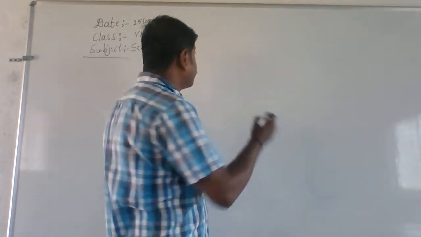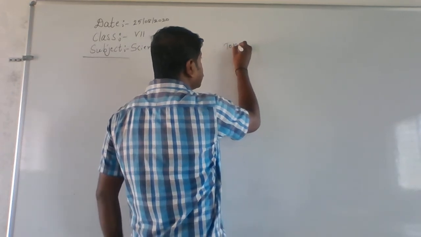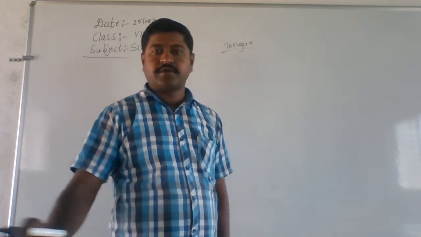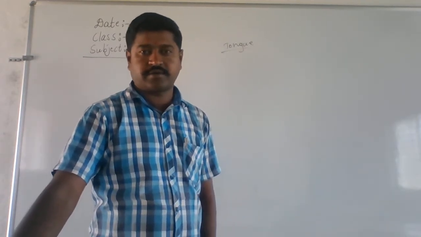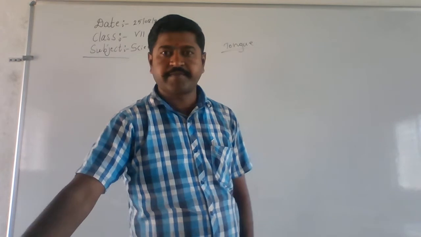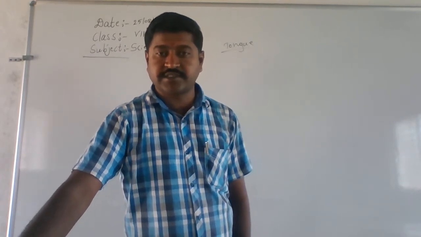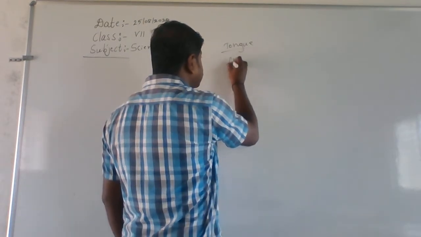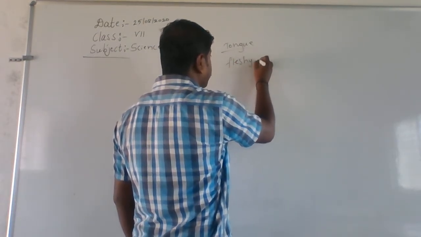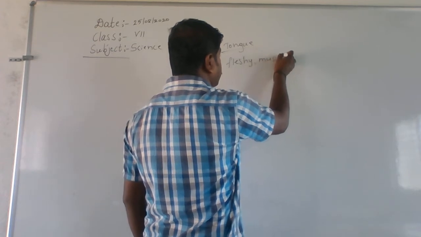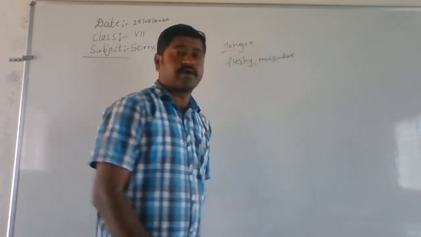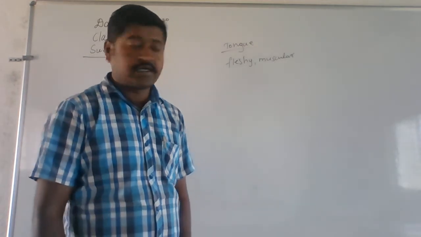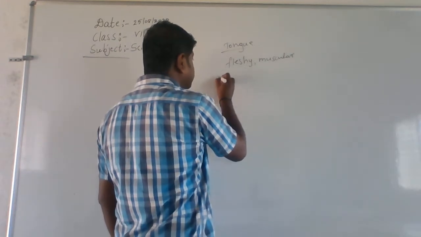Then next we have the organ in the mouth, that is the tongue. What is the use of the tongue, or how is it going to function? All right. The tongue is a fleshy and muscular organ. It is made up of flesh and even has muscles in it.